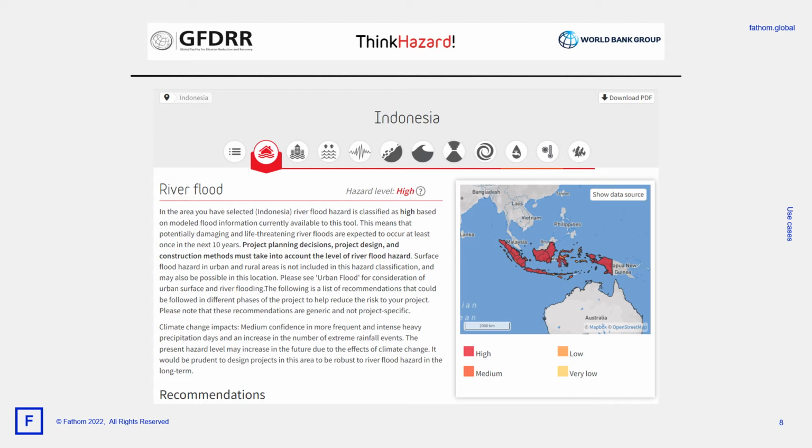So Fathom have provided the inland flood information for the current climate scenario for this portal. So that's both the fluvial and the pluvial flooding, and you can go and access that and go and have a look at it by googling Think Hazard.